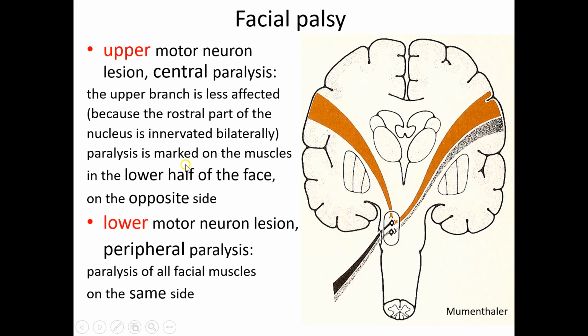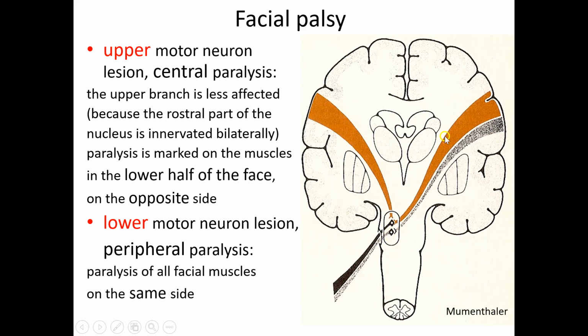Paralysis is marked in the muscles of the lower half of the face on the opposite side. You can see the rostral part of the nucleus of the facial nerve is innervated from both sides, and the caudal part of the nucleus is usually innervated from the contralateral side.